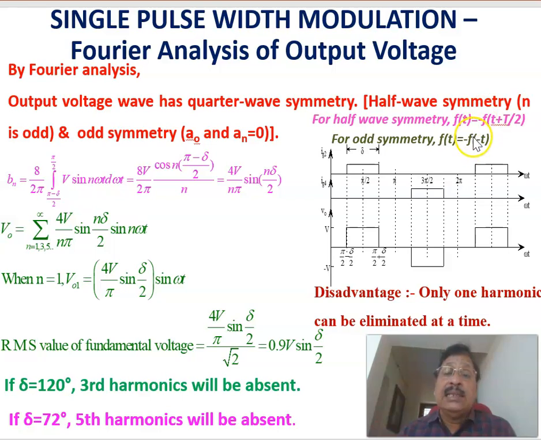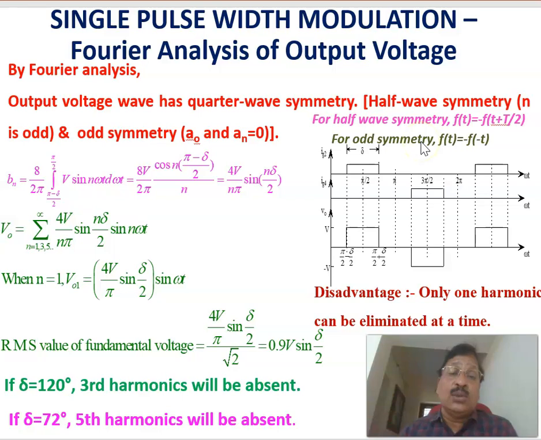In the Fourier analysis, as you know, the Fourier series equation for F(t) can be written as the constant A0 plus the sum from n equal to 1 to infinity of an cos n omega t plus bn sin n omega t, where A0, an, bn are the Fourier constants. In that case, if these properties are there, an equals 0.